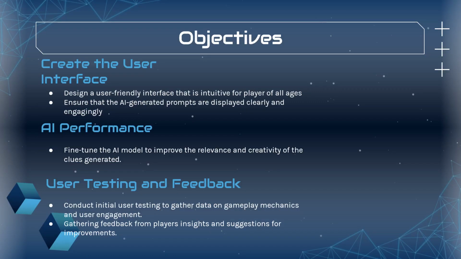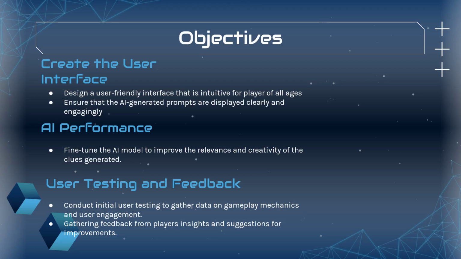Welcome. I am Christopher Gonzalez, and today I'll outline our key objectives for our exciting AI scavenger hunt game. As we move forward with our project, let's focus on three critical objectives.